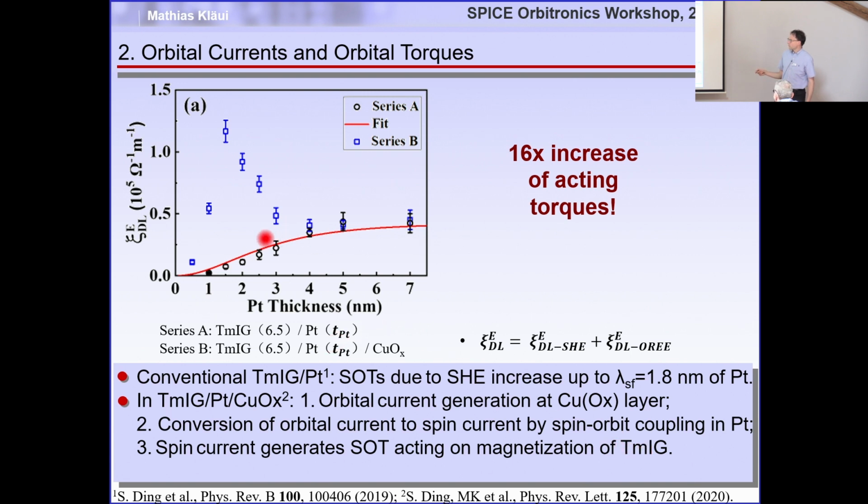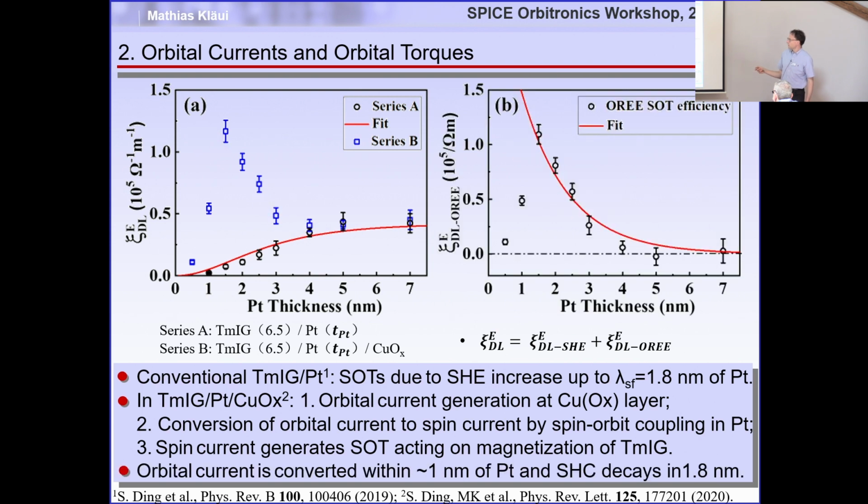What is interesting is the non-monotonic dependence, and that can be described quite nicely because when you have very thick platinum, the orbital current that is converted in the first 1-something nanometers of the platinum doesn't get to the thulium iron garnet as a spin current anymore.